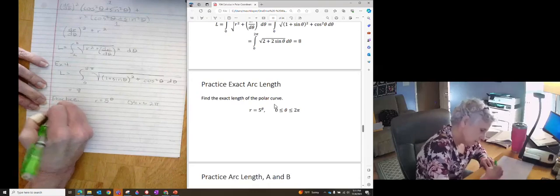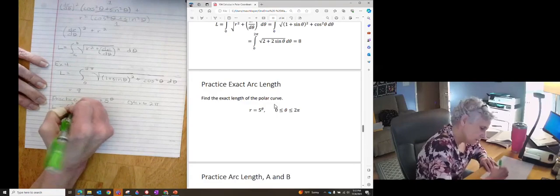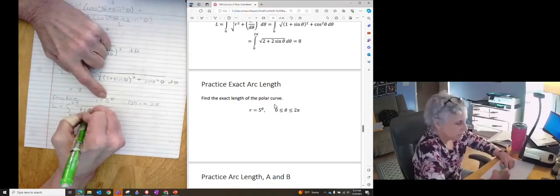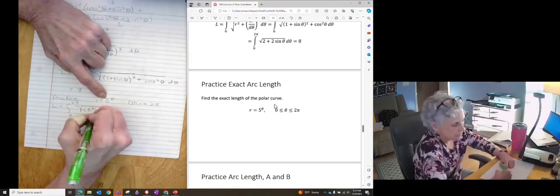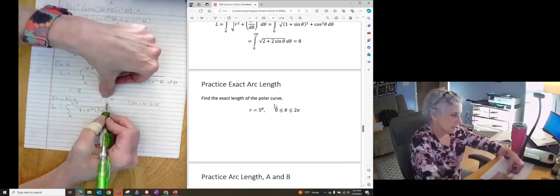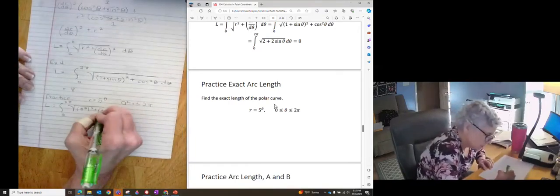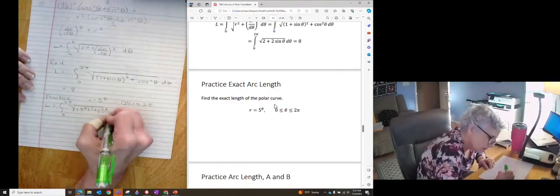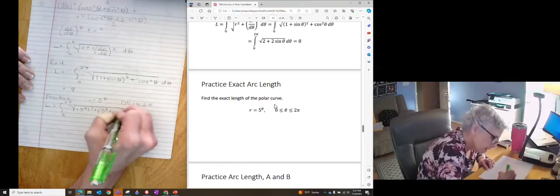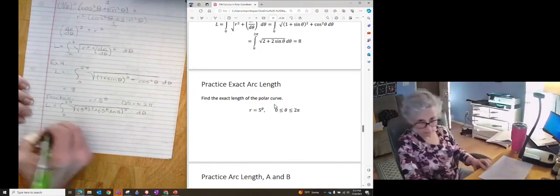But this arc length would be the integral from 0 to 2π of the square root of r squared, which would be (5 to the theta) squared, plus the derivative of 5 to the theta, which would be 5 to the theta times the natural log of 5, squared, dθ.